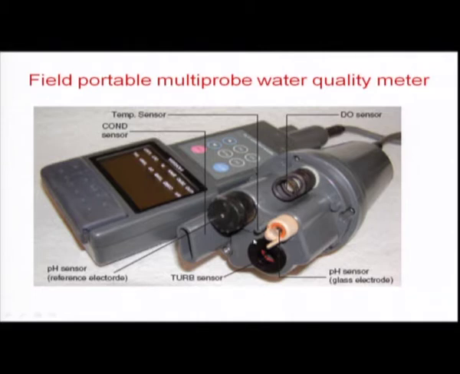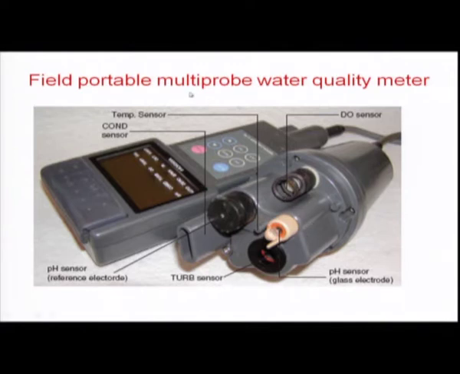The temperature of the water body is also required, and a conductivity sensor, which can be used for solids measurement also. So in a single instrument you can put 4 or 5 different sensors like dissolved oxygen, temperature, conductivity, pH, turbidity, and ORP, oxidation reduction potential, also.